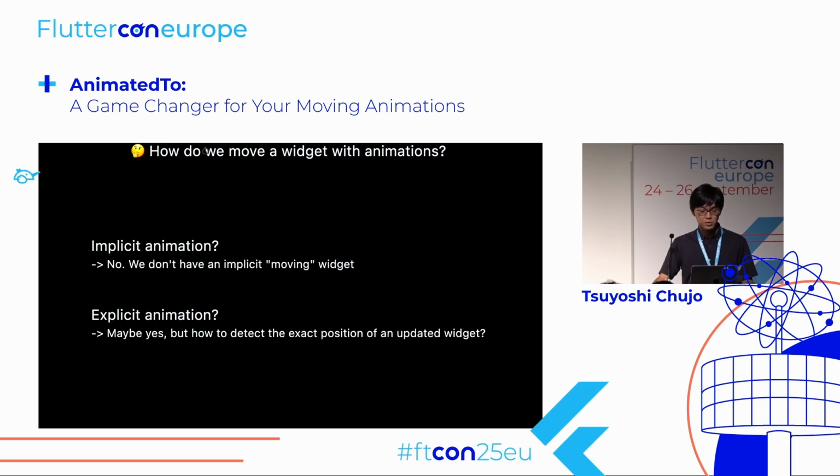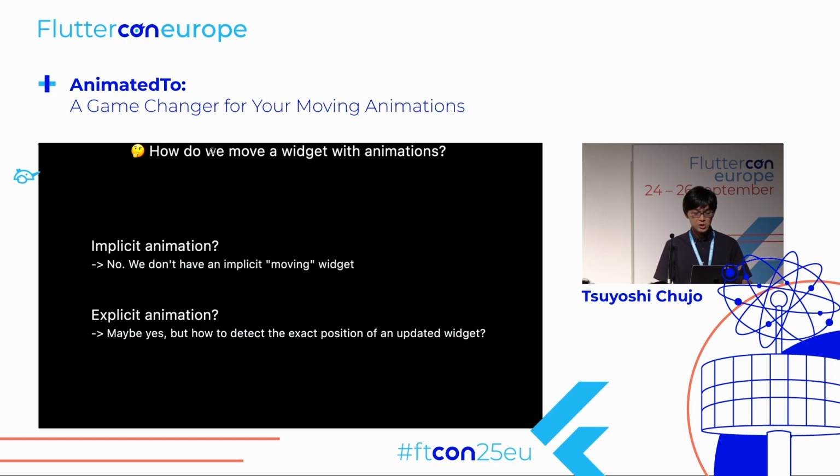But for implicit animation, we don't have any option to do that perfectly. Actually, we have AnimatedPositioned for moving animations, but the usage is very limited. We have to place a Stack first, and the AnimatedPositioned must be a child of the Stack. So we cannot move the widget from one branch to another branch. It's not capable of that. And we have no other options for moving animations.